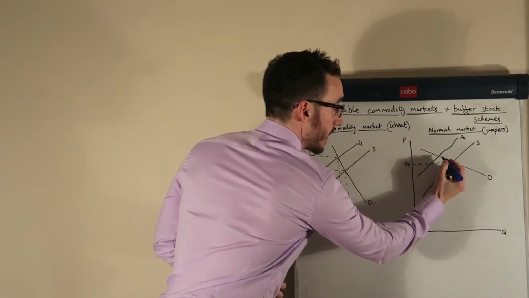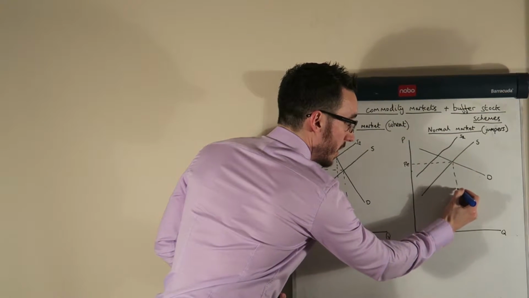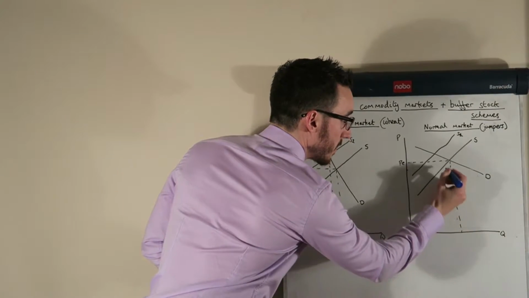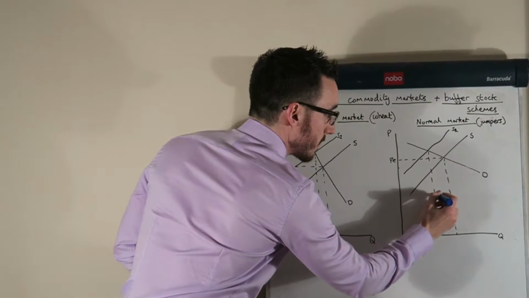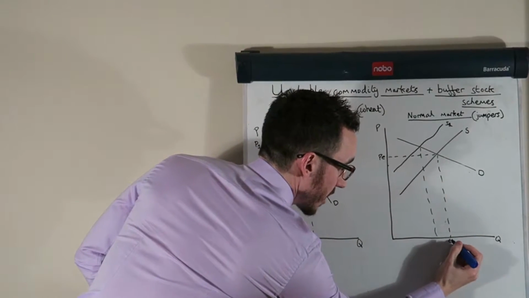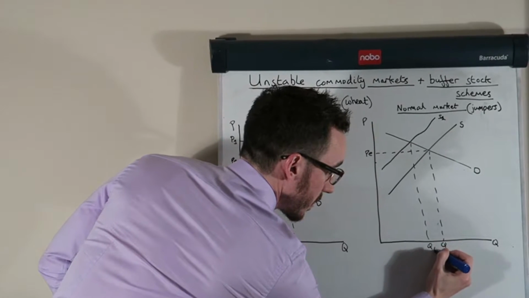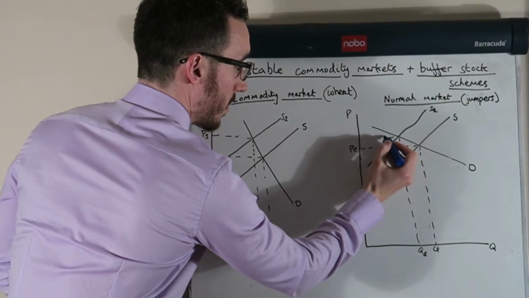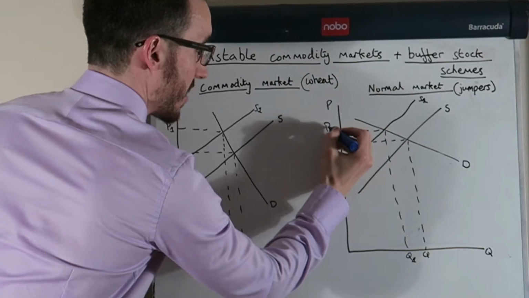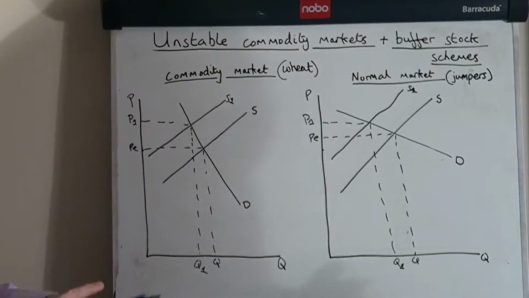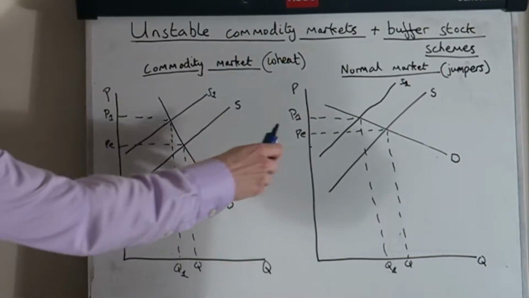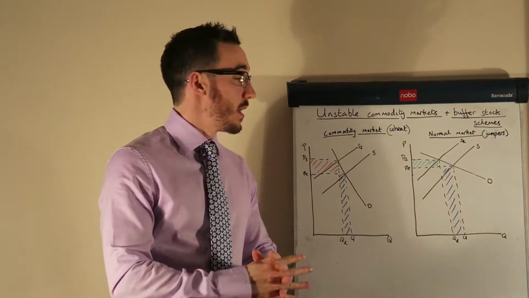Whereas in a normal market, we see a similar change in quantity, Q1. But as you can see, a lot smaller is the price change.